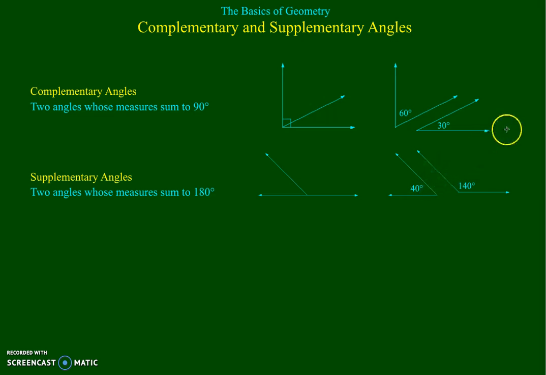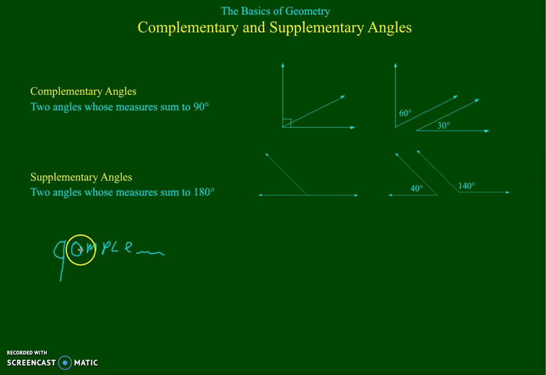Now, as a side note, it's sometimes difficult for people to remember which one's which. So I'm just going to give you a silly little trick that might help you to distinguish which one is which. Let's start with complementary. You spell complementary, C-O-M-P-L-E, and so on and so forth. Take the C and put a line through it here.